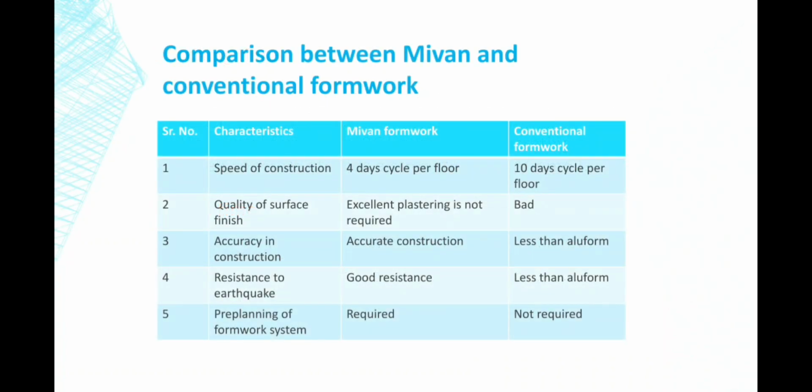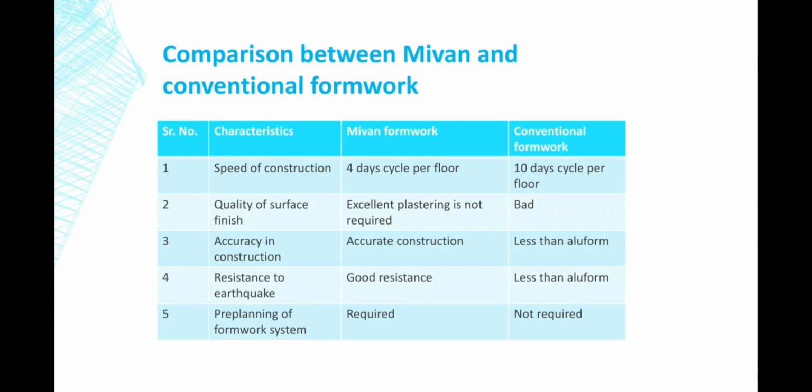Now we see the comparison between Maivan and conventional formwork. Speed of construction: in Maivan formwork, a 4 day cycle per floor, and in conventional formwork, a 10 day cycle per floor. Quality of surface finish: in Maivan formwork it is excellent and plastering is not required, but in conventional formwork, plastering is required due to its bad surface.